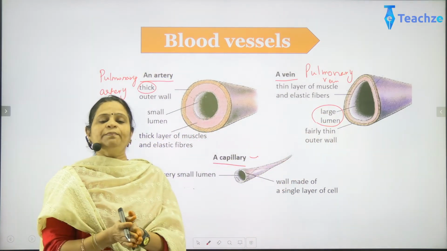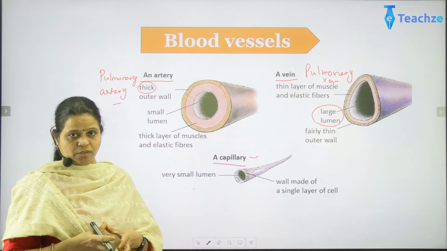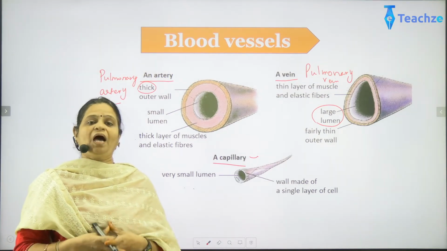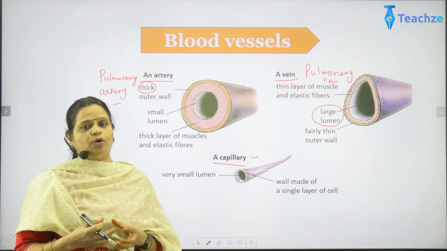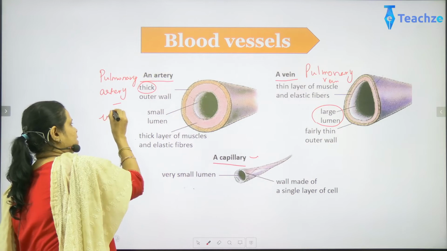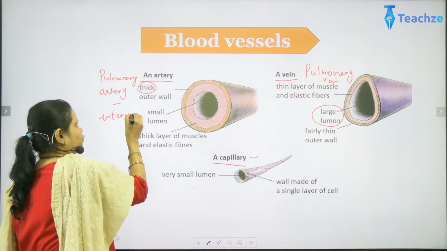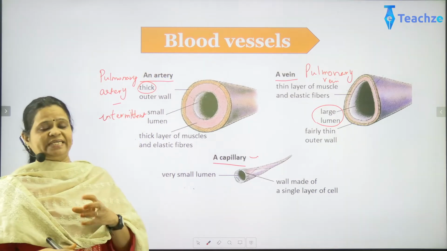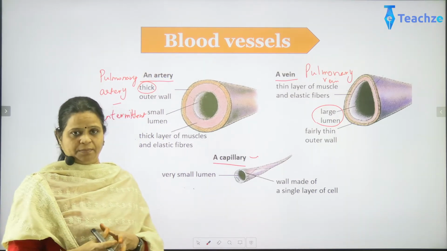This lumen part is very important because in arteries the blood flows with high pressure, and it is an intermittent flow. That means it is not a continuous flow in arteries. It gives gaps for flowing in that particular place.